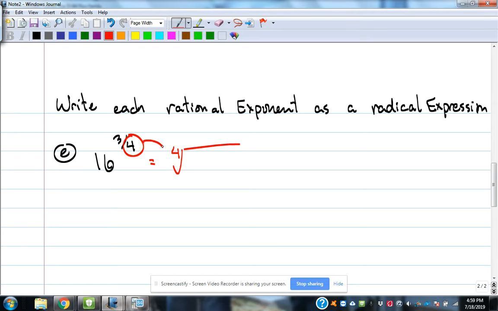So fourth root, and then we have 16 to the 3rd power on the inside, because the numerator again becomes your exponent on the inside. So 16 to the 3/4 becomes the 4th root of 16 to the 3rd. That's what we're trying to do here, just work on the conversion back and forth.